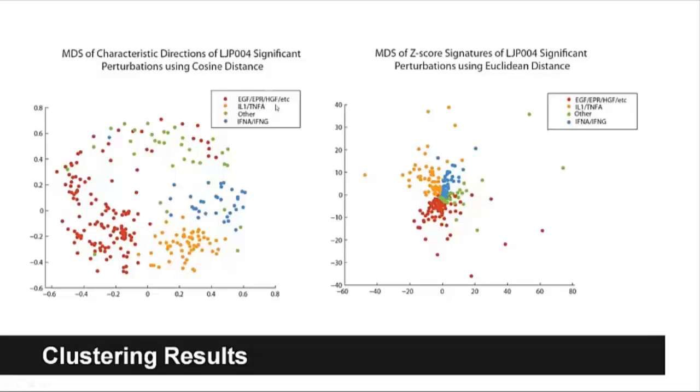The ligands are classed into 4 categories: the growth factors, the interferons, and the ILs.